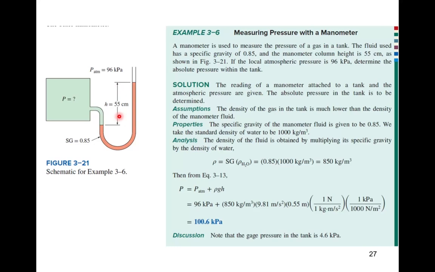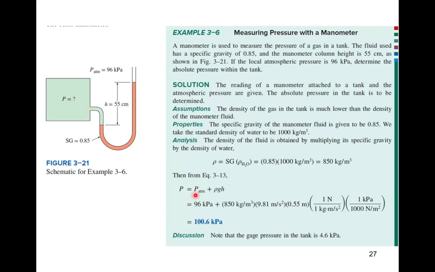Now, if the local atmospheric pressure is 96 kilopascal, determine the absolute pressure within the tank. We want to estimate what the pressure within the tank is, which is P.